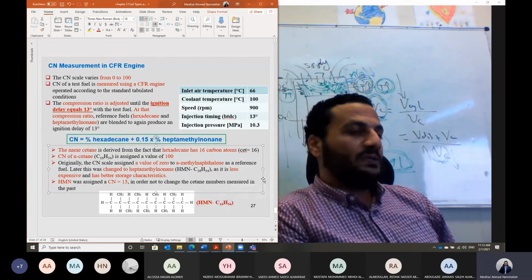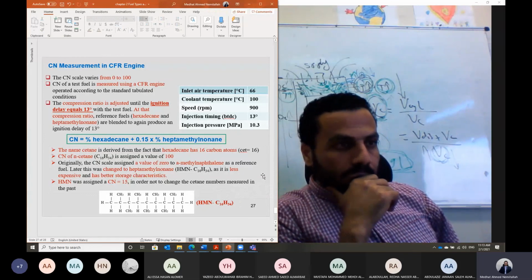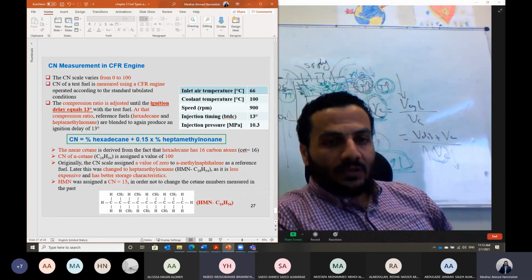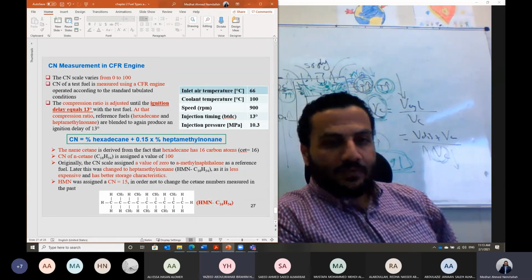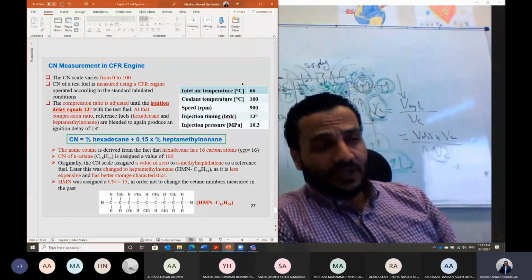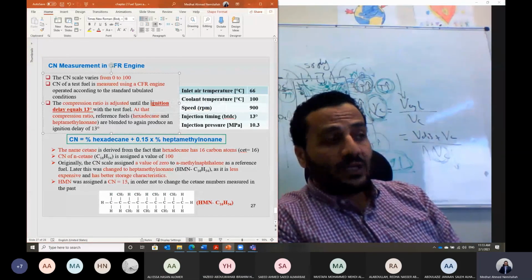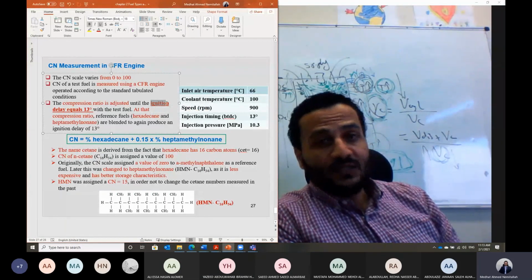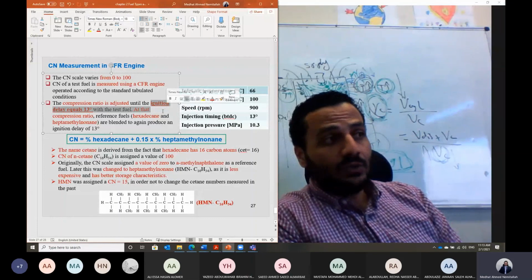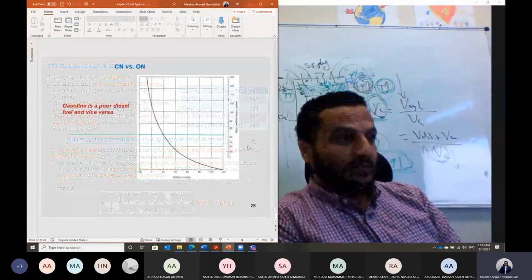We call it heptamethyl-nonane. Is that clear? So it is the same CFR engine, but we just change the reference fuel, and in this case we find the fuel mixture that will result in the same ignition delay period, and based on that we can calculate the cetane number of the fuel.